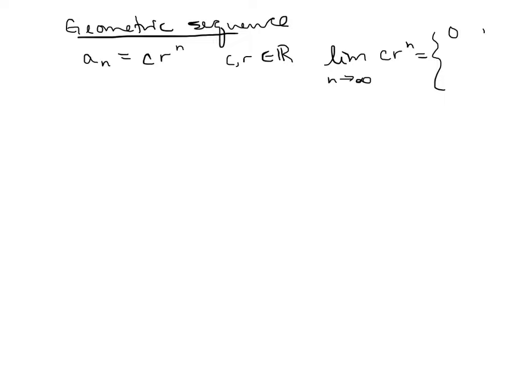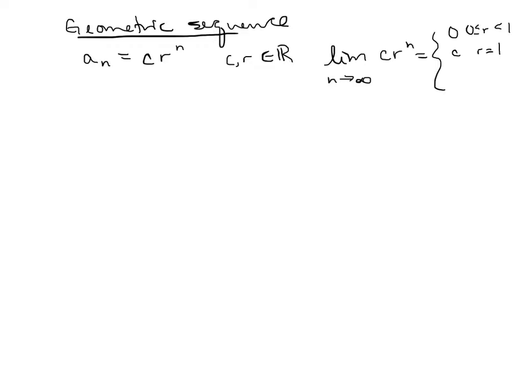We're going to get 0 if r is in between 0 and 1. So if it's equal to 0 and you take a limit of that, you just get 0. And we just saw on the last example that if r is a fraction that's less than 1, it goes to 0. Now, if r is equal to 1, 1 raised to anything is 1. And so the limit is just, we'll just get c out of that.